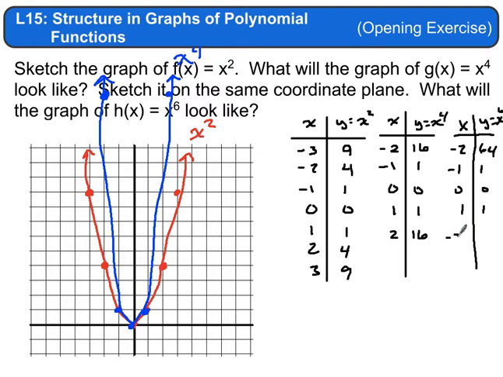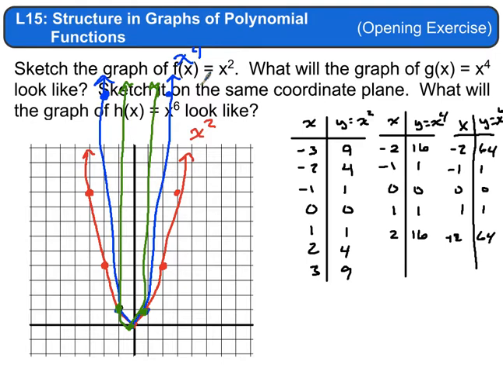And then +2 would be 64. So again, these three dots here would match, but then it would go up even quicker and sharper.